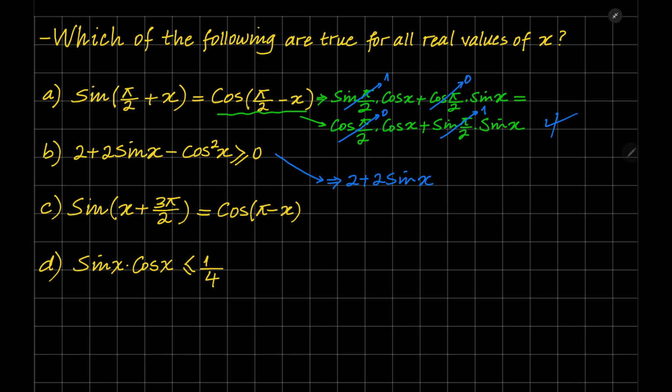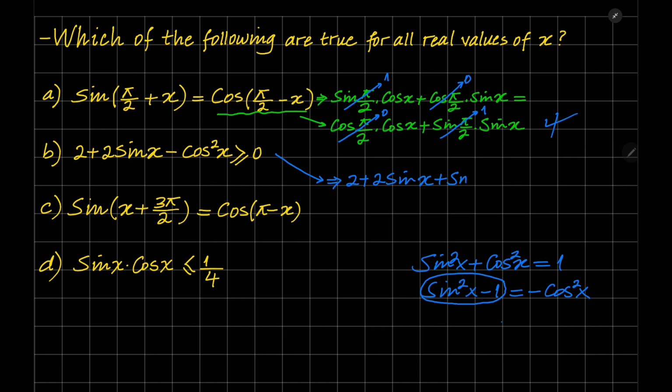We know that sine square x plus cosine square x is equal to 1. That means sine square x minus 1 is equal to minus cosine square x.